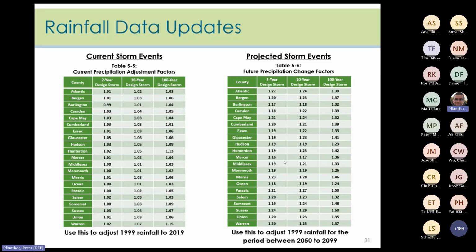The future precipitation change factors found in Table 5-6 of the rules update the rainfall data from 1999 to projected levels for the period between 2050 and 2099.